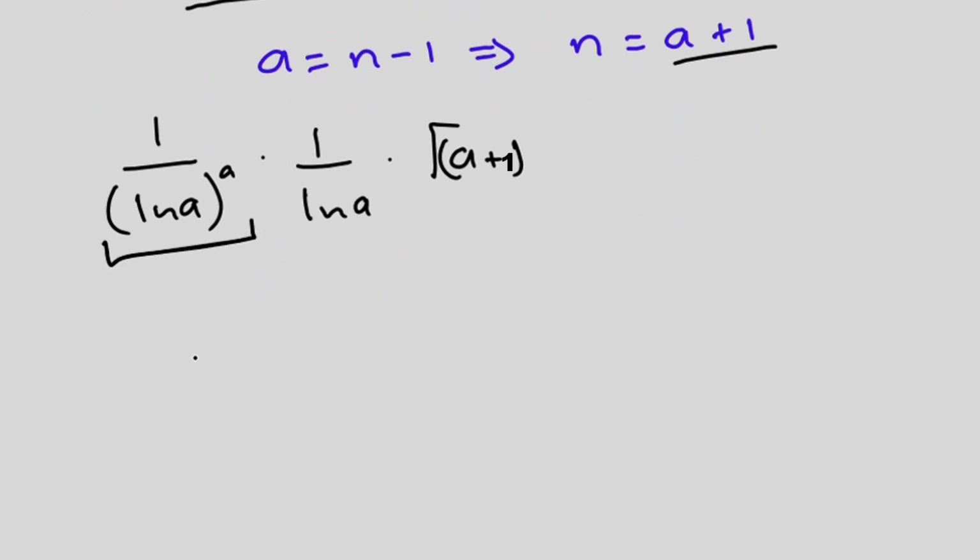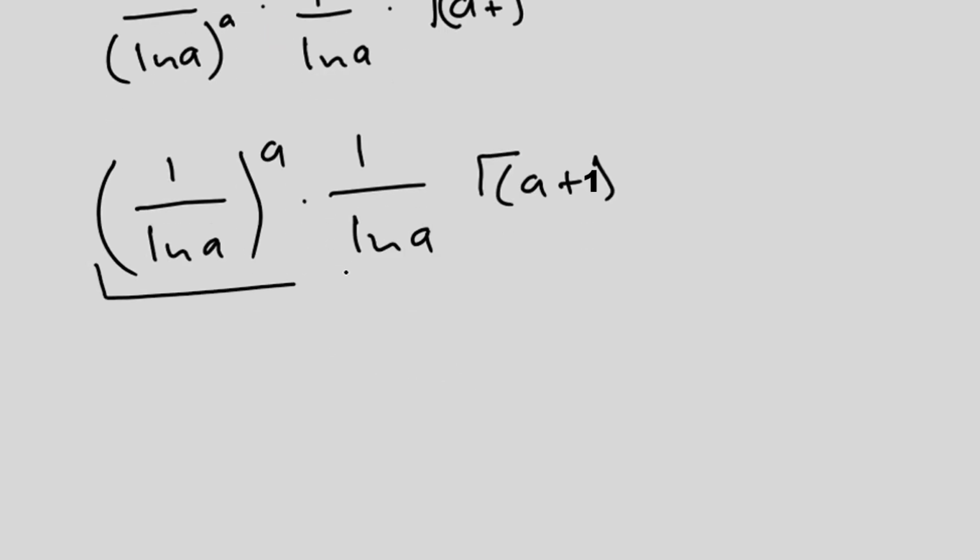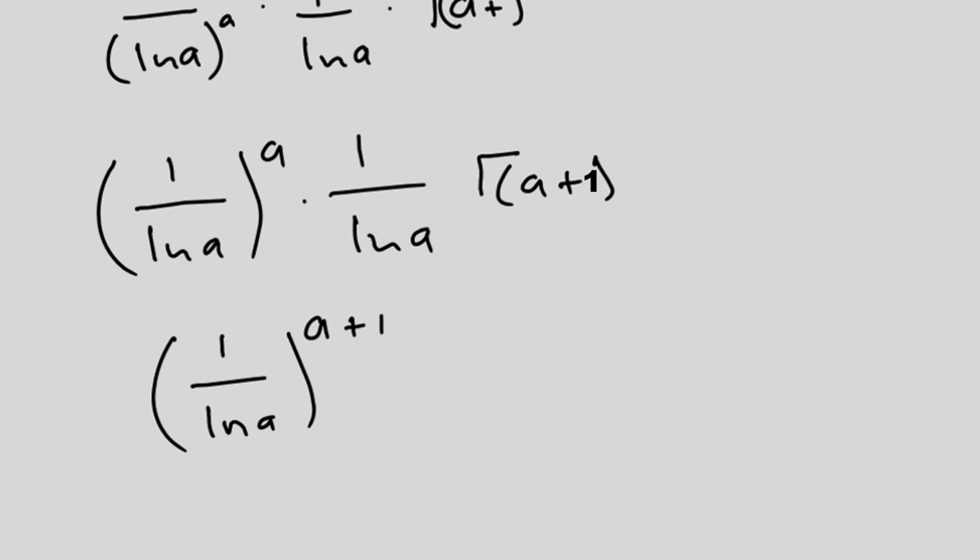The whole of this could be written as 1 over ln of a all to the power a times 1 over ln of a multiplying gamma of a plus 1. Nice. Now if we compare this coefficient over here, we see that the bases are the same, so we can write one of them, 1 over ln of a, and then sum their powers. We're going to have a plus 1, then times gamma of a plus 1.